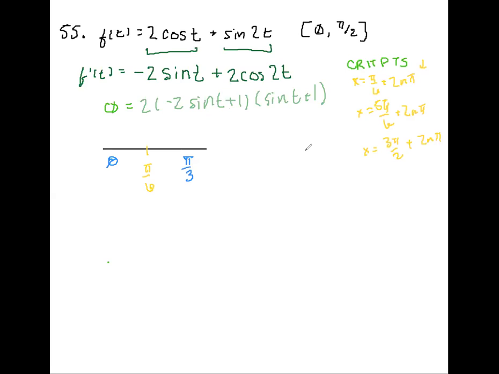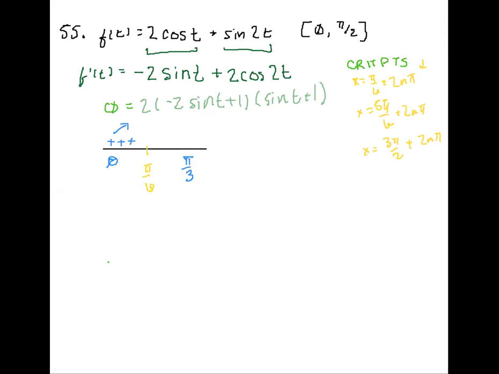What is the sine of 0? Yep. So sine 0 is going to be equal to 0. So this is going to be 0 plus 1. So we've got a positive times a positive. Sine of 0 again, plus 1, positive.